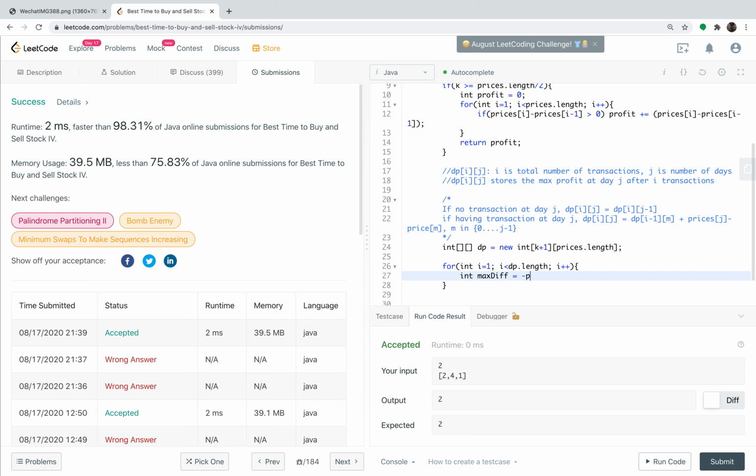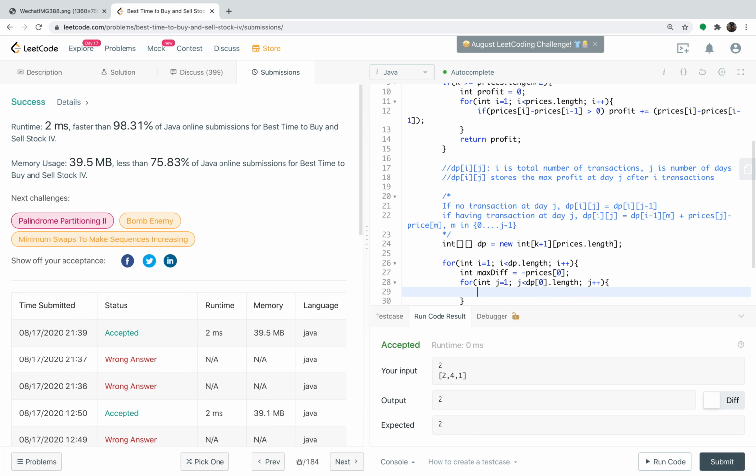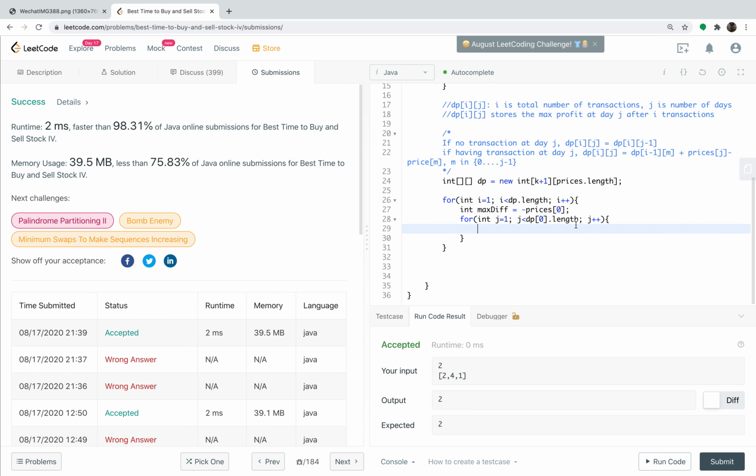Max diff. Then we calculate dp[i][j] according to the DP solution, which is dp[i][j] equal to max of dp[i][j-1] and prices[j] plus max diff.